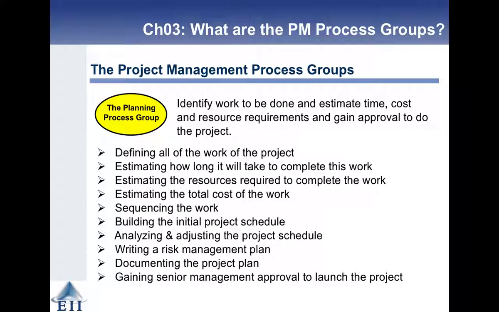We figure out what the risks in the project are. We document the whole thing in the project plan, and once we've done that, we get senior management approval to launch the project. One of the things that's not listed here is we need to have some financial sense of how much the project is going to cost. And that's going to be part of the project plan as well.